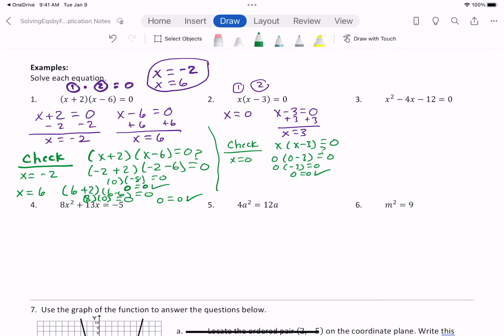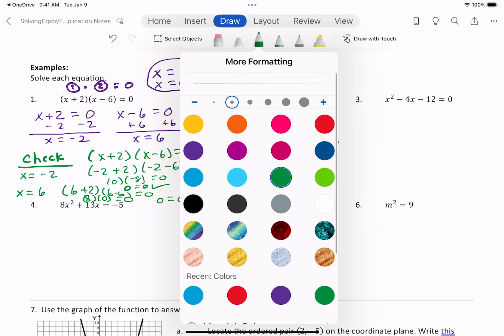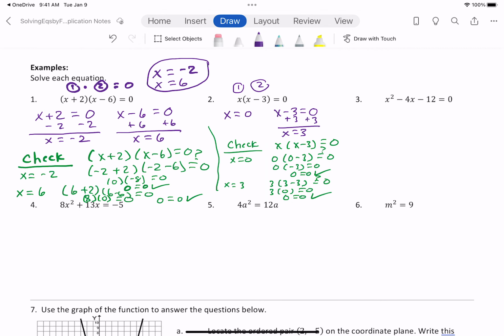So that gave me a true statement. And if I substitute 3 for each one of the x's in the original equation, we get 3 times 0 equals 0, or 0 equals 0 again. So both of those worked. So my two solutions are x equal to 0, x equal to 3.